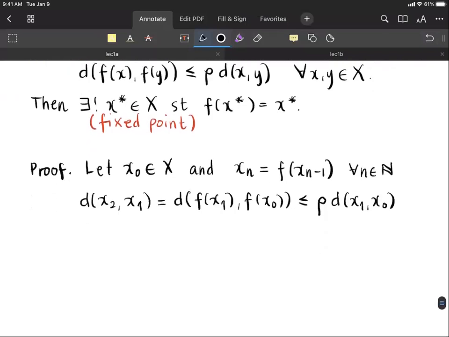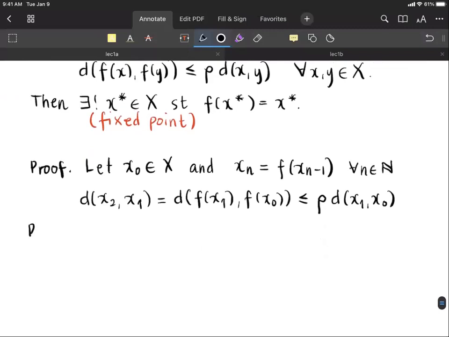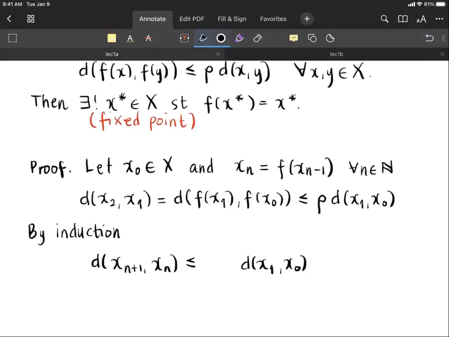Now, let us go quickly. One can show by induction that the distance between x sub n plus 1 and x sub n, if you want to go until the distance of the two initial points x1, x0, you need to repeat this process n times.